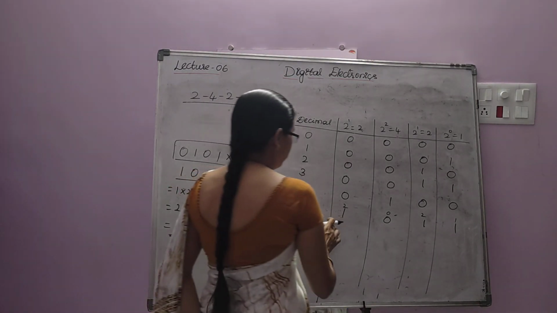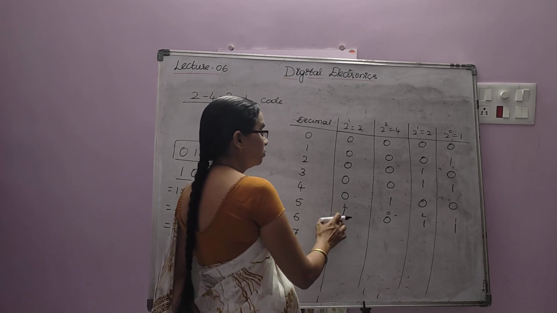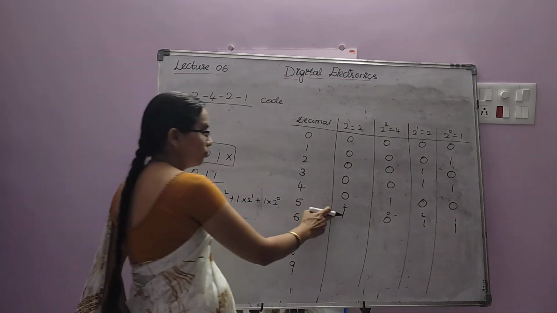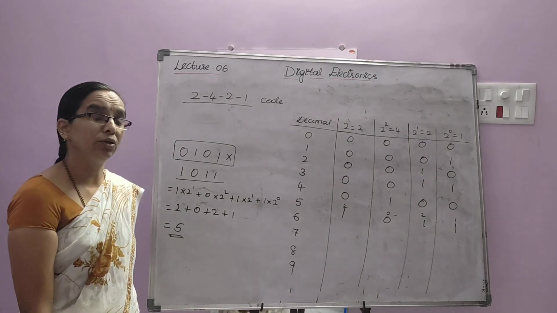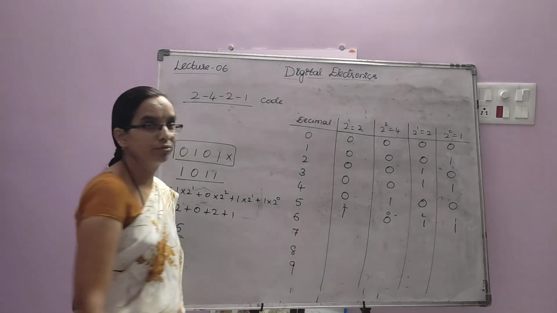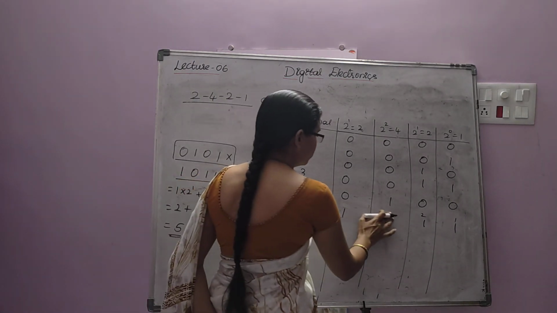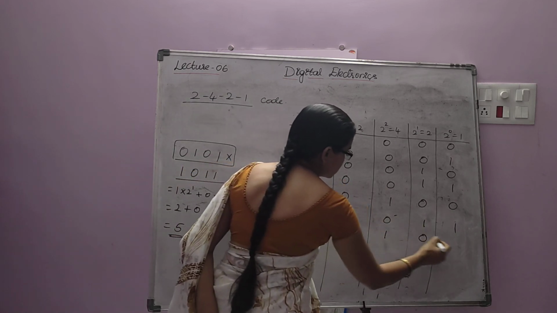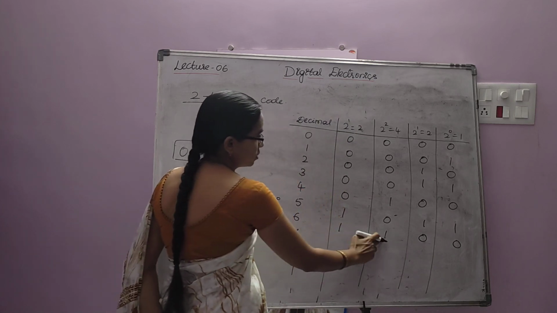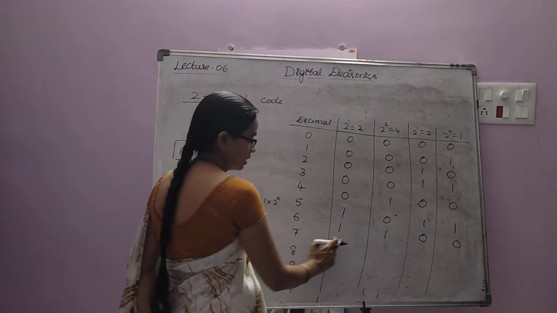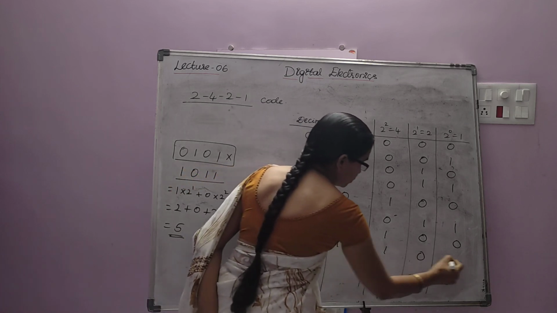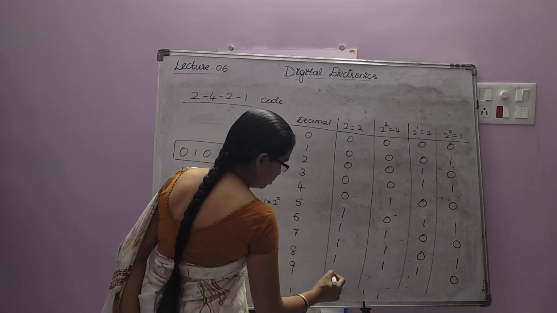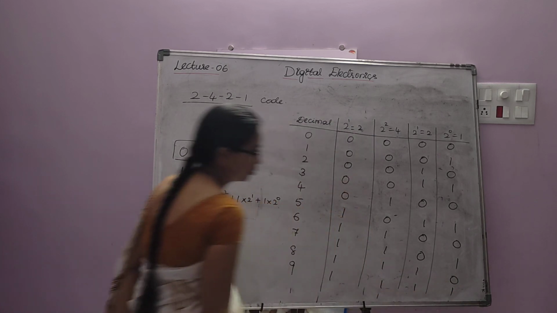Actually 0101 is 5 in binary, but in 2421 code 5 is 1011. What about 6? How to write 6? 1100. That is 2 plus 2 plus 2, which is 6. Then 7, 8, and 9 can be written as 1111.